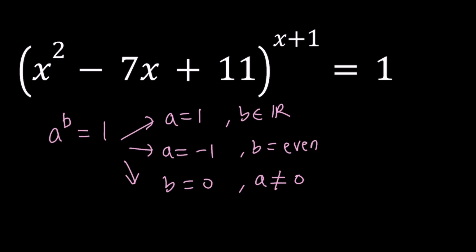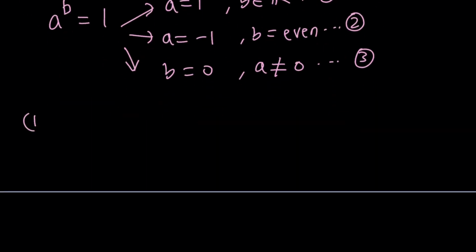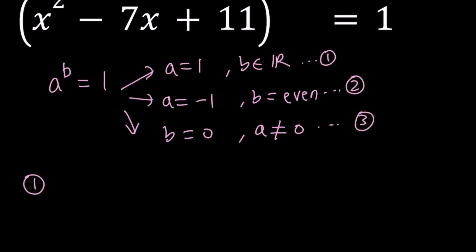Okay, so we're going to be looking at each of these cases, and like I said earlier, I'm going to show you a graph. The base is a, so let's start by looking at the first case. I'm going to call this the first case, this one the second case, and this one the third case. So in our first case, the base is equal to 1, which means x² - 7x + 11 = 1.